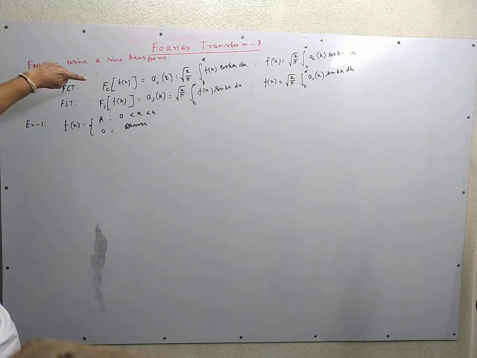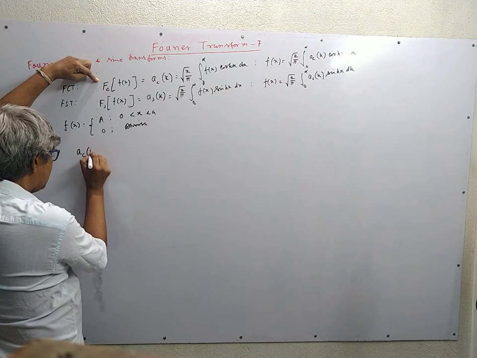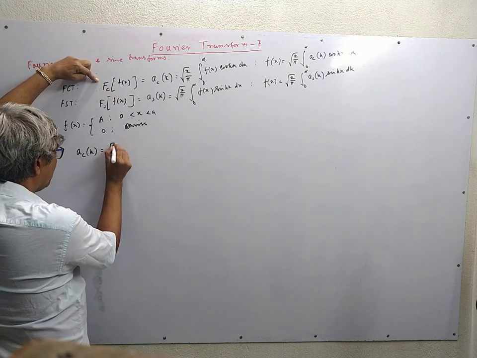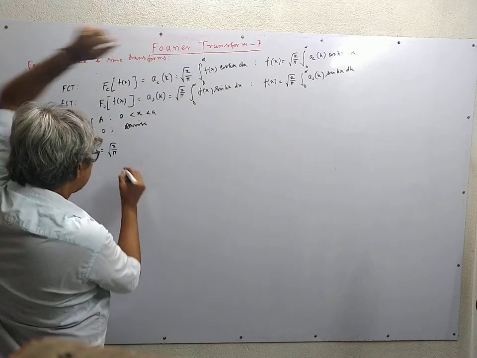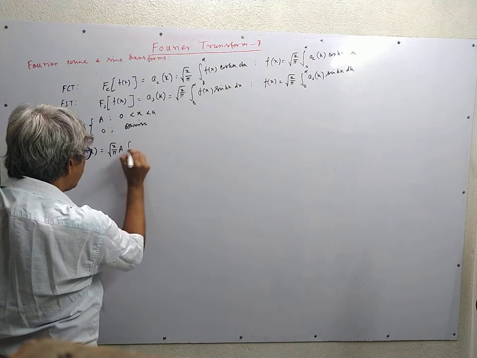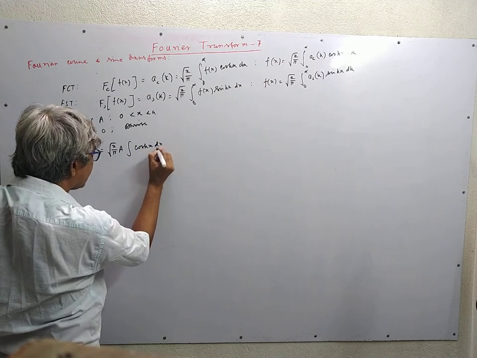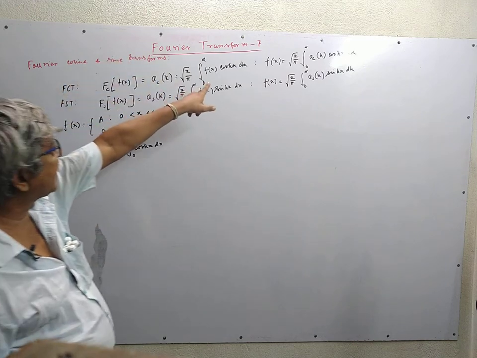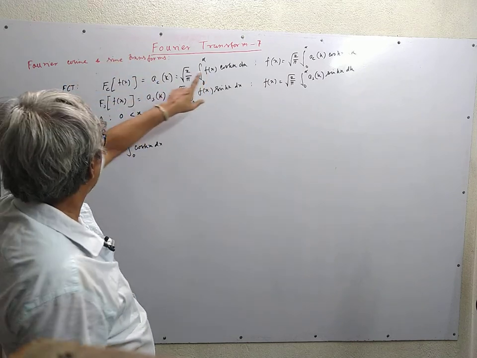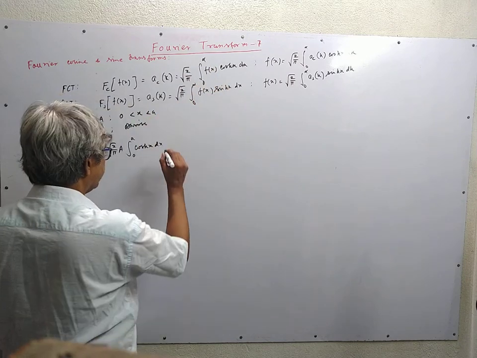So if we calculate the cosine transform, A_C of k is equal to root 2 by pi, then f of x is a, and we have cos kx dx from 0 to a. This definition where f of x is equal to a for x being limit 0 to a.